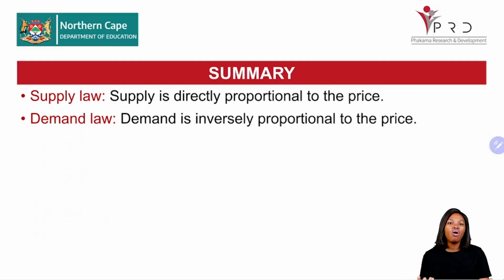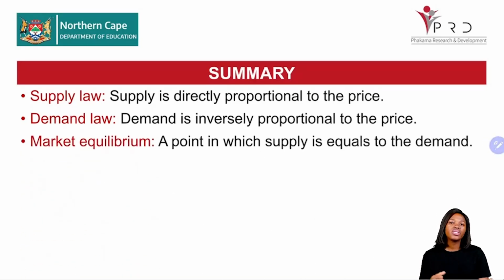We discussed the demand law as it shows the relationship between the price and the demand, and how the curves are shown in the graph. We also discussed the market equilibrium, which is the point where the demand at a specific price equals the supply at the very same price.